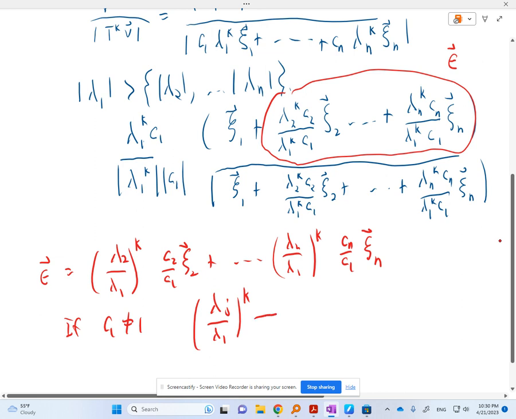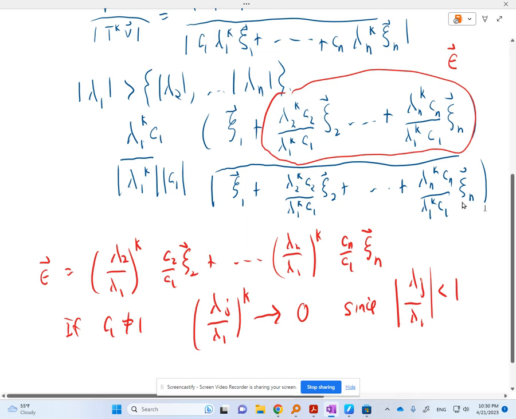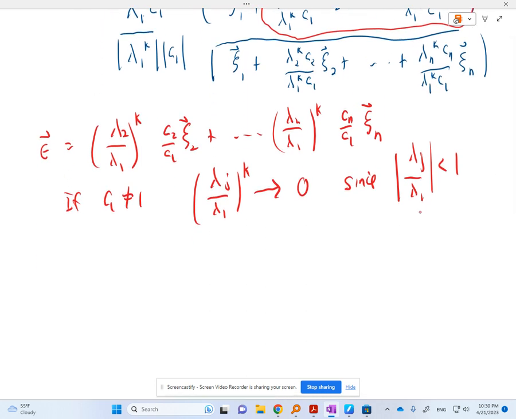That's going to go to 0, since the absolute value of lambda j over lambda 1 is less than 1. I have to use absolute value because these might be complex or negative eigenvalues. So that means that epsilon, when k goes to infinity, is going to go to the 0 vector.